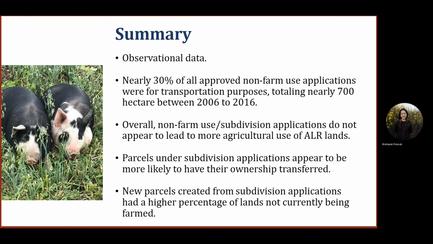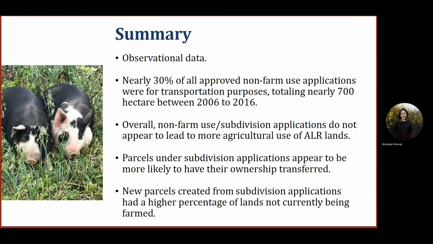And the next point is, we know that nearly 30% of all approved non-farm use applications were for transportation purposes, and the lands involved were nearly 700 hectares. It is still important to have safe transportation ways, right? However, at the same time, this represents a trade-off between agriculture and public goods.